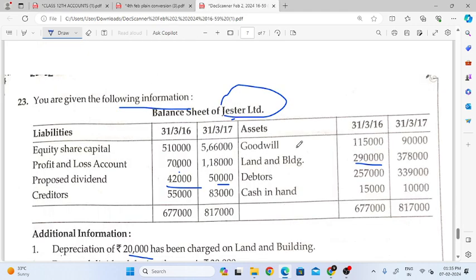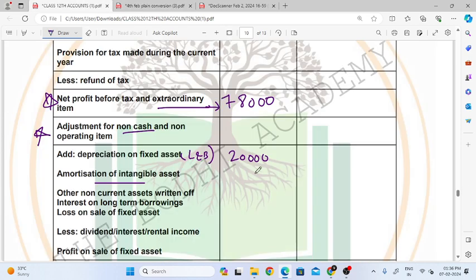See, the value of goodwill was 1,15,000, and for the current year it is 90,000. We first have to find out the difference: 1,15,000 minus 90,000 gives 25,000, so 25,000 is the amortization of intangible asset, goodwill.